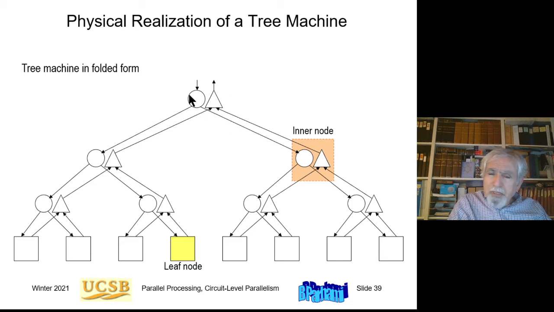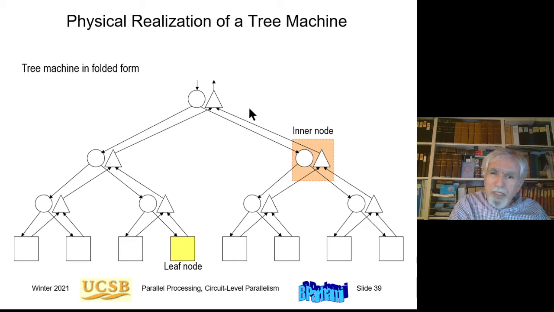So this is basically the common root. The instructions come in here and the results emerge from here. And therefore, all the nodes are similar. They have a circle part and a triangle part with these connections.